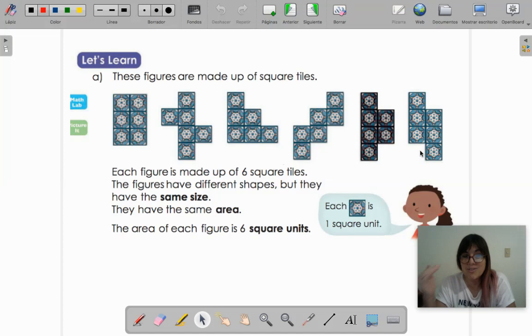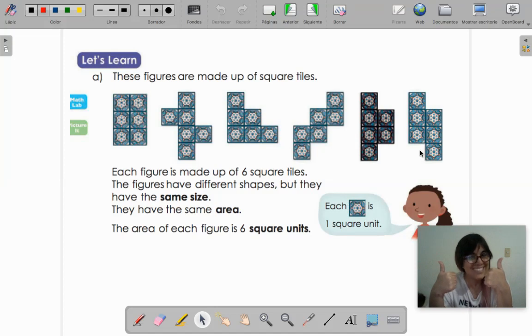Okay, but different shape. Pay attention to this, because in an exam, we're going to ask you to make a shape that has the same area. So again, they have the same area, but they don't have to be the same shape. You only use the same number of squares, but make a different shape. That makes the same area.